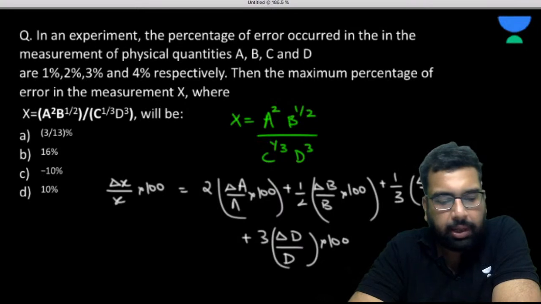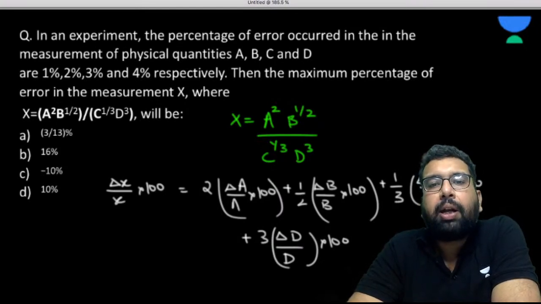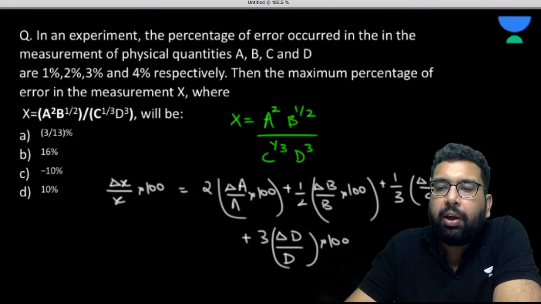Plus 3 times delta d by d into 100. So we have to write like this. Now see.